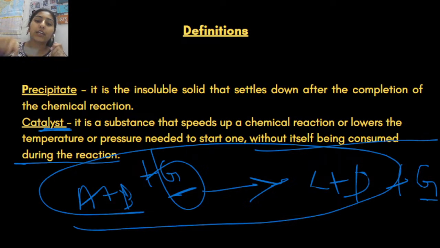Suppose you added a particular substance in a chemical reaction. After that reaction, it was obtained in the same form. It was not consumed, not transformed into any other chemical species. So it does not undergo any chemical change in the reaction. It is just speeding up the chemical reaction without itself being consumed during the reaction.